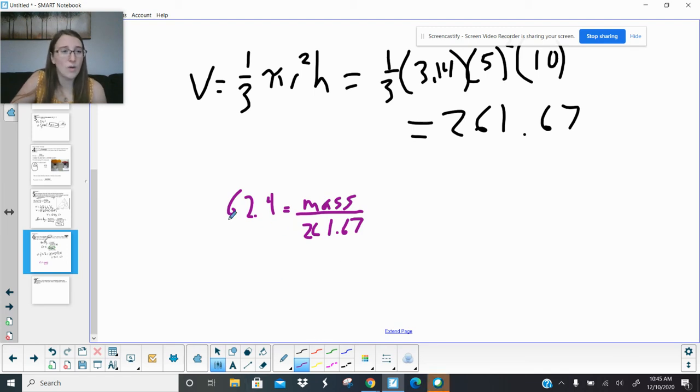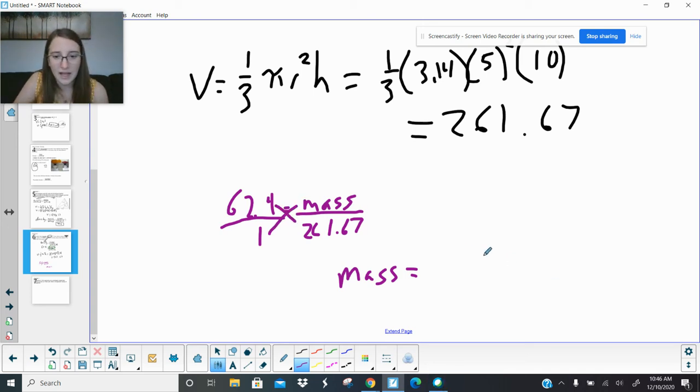So if we can recall the way to do this, to get mass by itself, let's pretend, like we did in the trig unit, that we have two fractions equal to each other. What should we do? Cross multiply. So I'm going to get the mass equals, because this is 1 times mass, which is just mass, right?